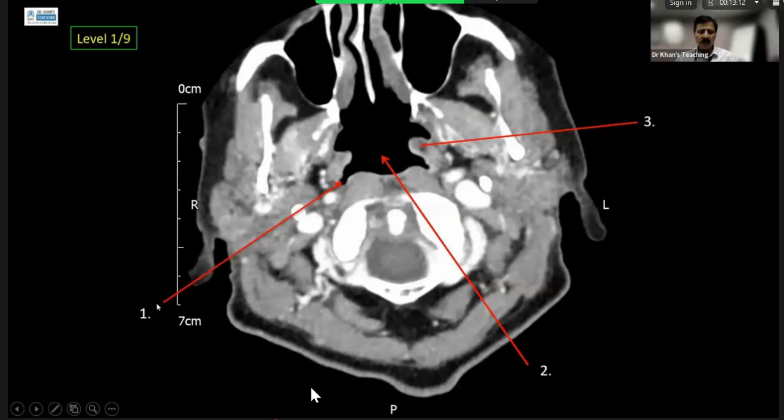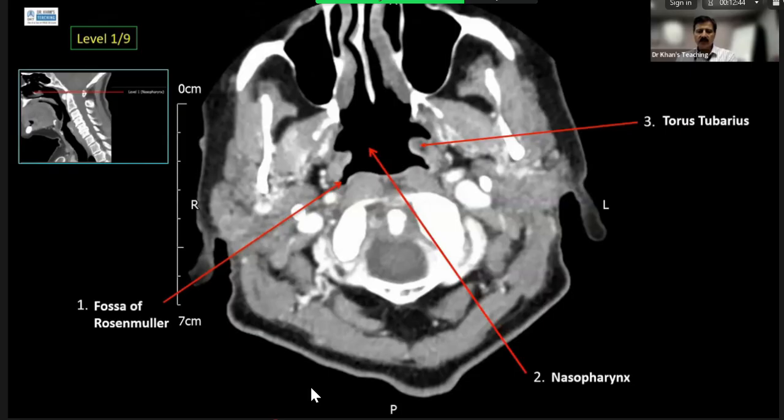Number 1, please. So it is open for everybody. I hope that the chat is working. Yeah, very good. Number 2, this airway. Very good. Number 3. Excellent. So these are the answers. And this is the level, and these are the answers. This is the cartilaginous portion of the eustachian tube.